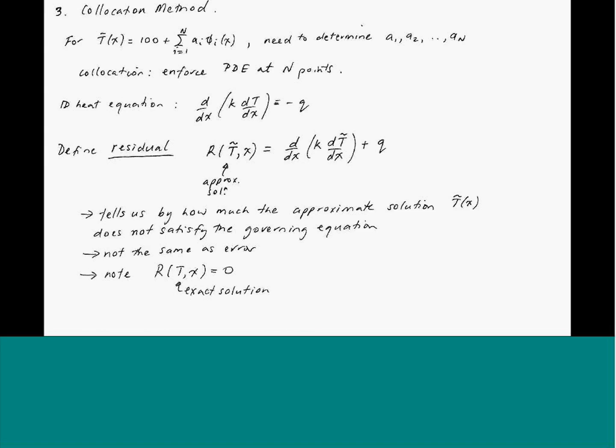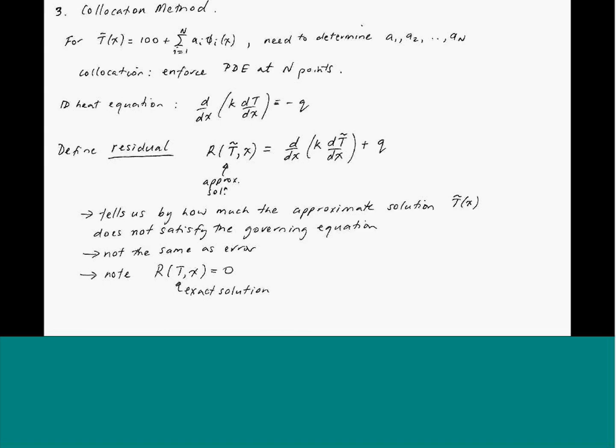So someone tell me, how is the residual the same thing as the error? If I define the error to be the difference between the exact solution T and the approximate solution T tilde, is the residual the same thing as the error? Not the same thing. So how is it different? Let's think about that.